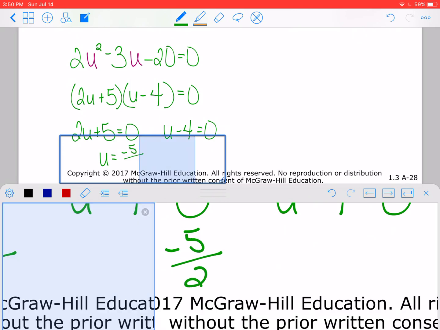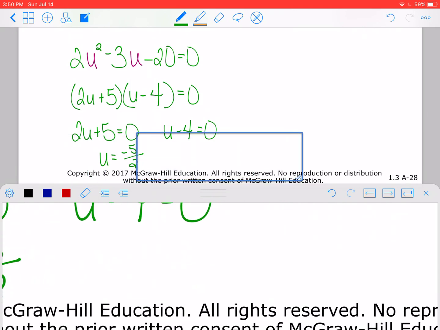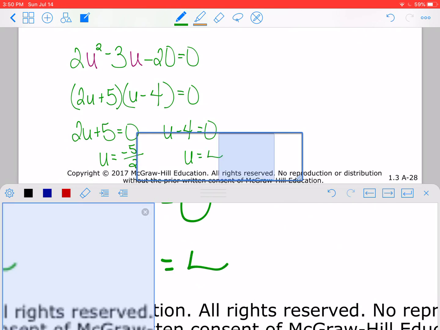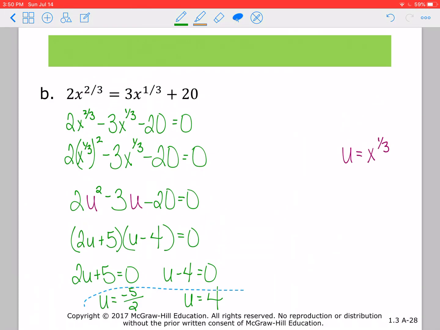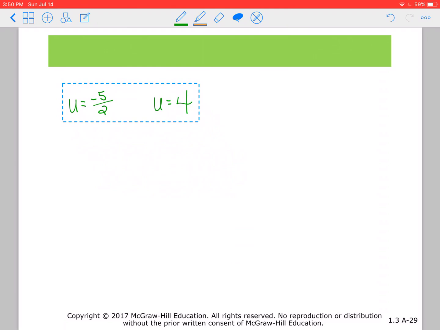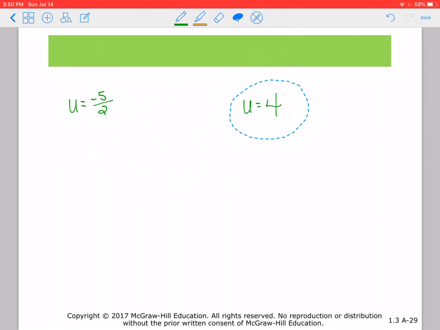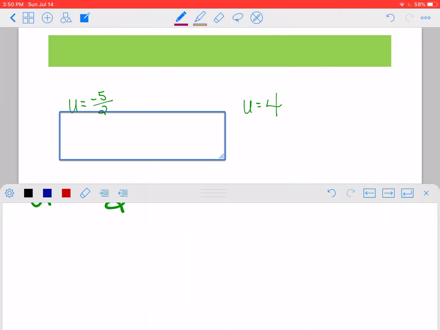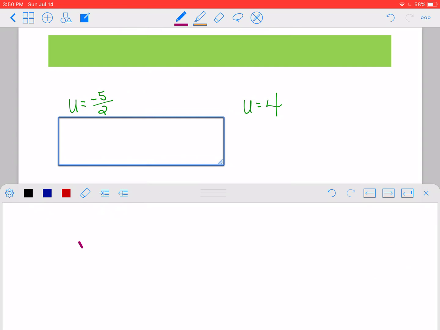So u was x to the 1/3. How do we get rid of a 1/3?